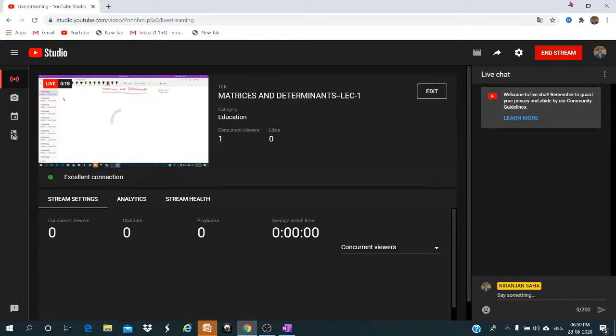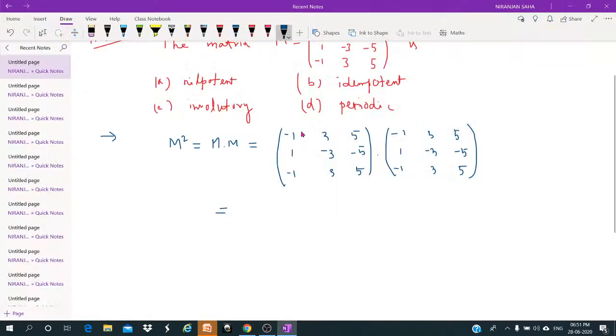Here we have to take the first matrix's row and the second matrix's column.